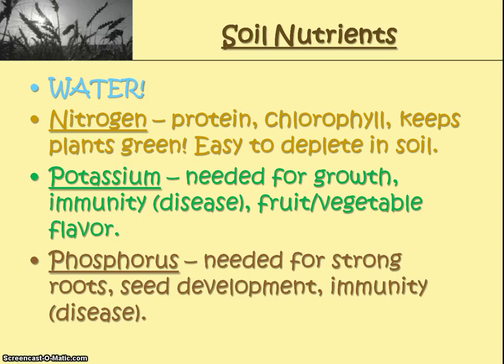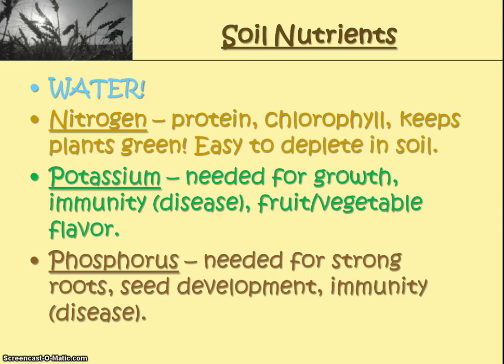We know nitrogen is for protein growth, the building of proteins, and making of chlorophyll for plants to go through photosynthesis. The potassium is needed for growth, for the plants that produce fruits or vegetables, for their seeds, and for immunity.